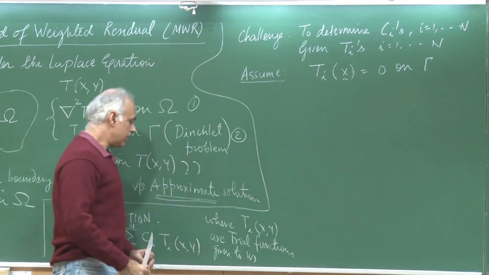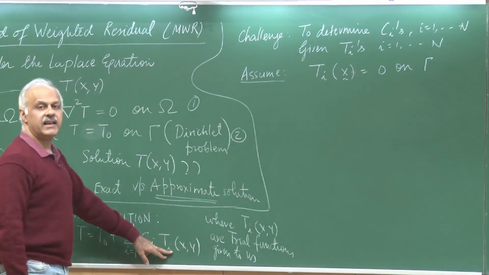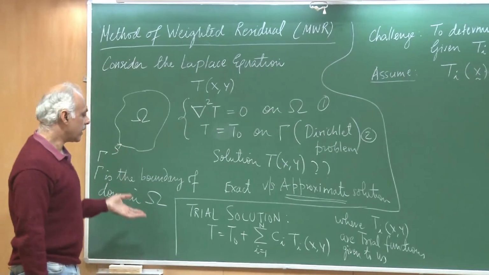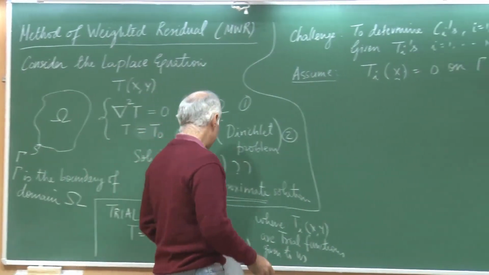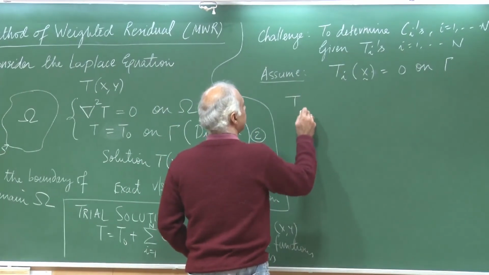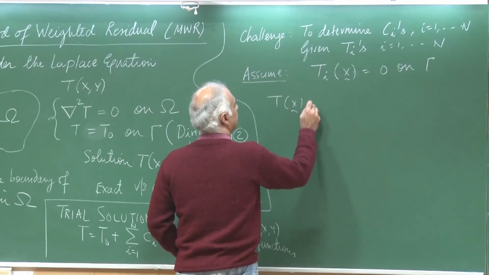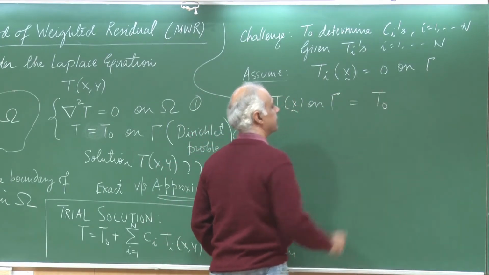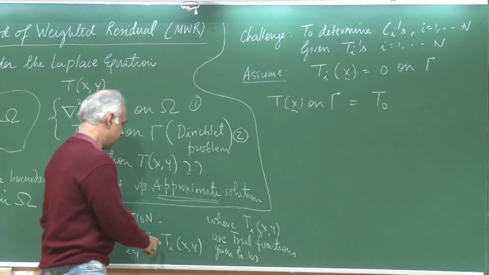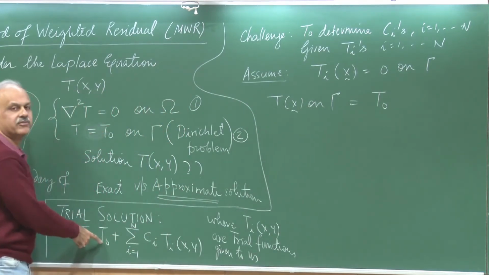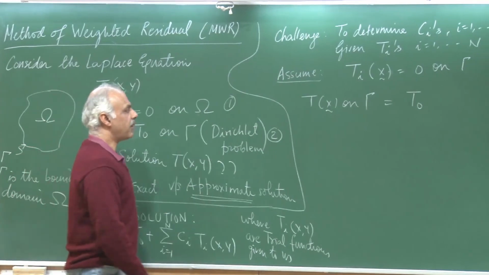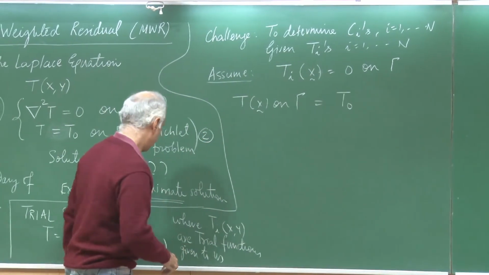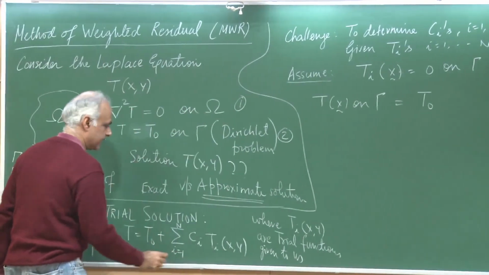So I will assume that all these trial functions, they actually vanish on this boundary. Now notice what happens. If that happens, then T(x) on gamma is simply equal to T naught, because these vanish and therefore I am left with only T naught. So therefore the boundary condition is automatically satisfied by my representation. So let me call this equation number 3.